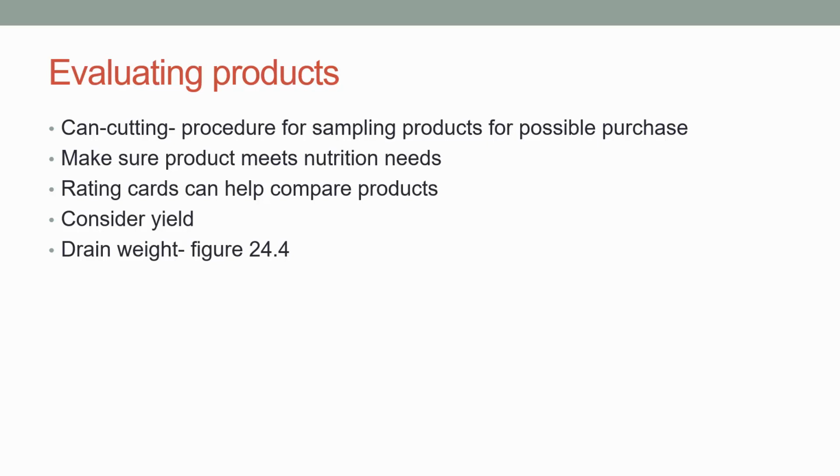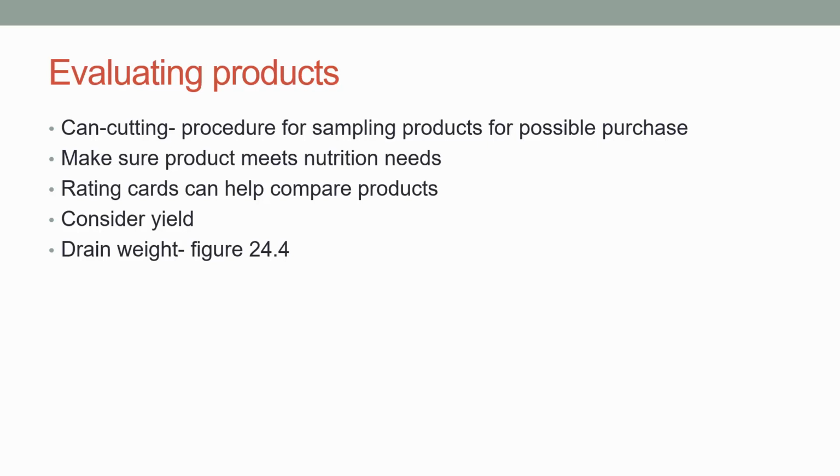You definitely want to look at yield as well when you're evaluating these products. So, if one can of green beans has a drain weight to where you get a lot more out of that can compared to another one, well, that may be something you want to look at.